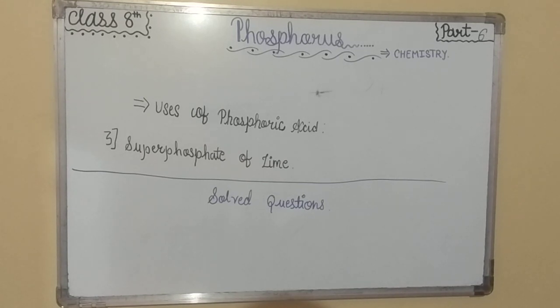The reaction is P2O5 + H2O gives 2HPO3. Second, when treated with hot water, P2O5 gives phosphoric acid. P2O5 + 3H2O gives 2H3PO4.